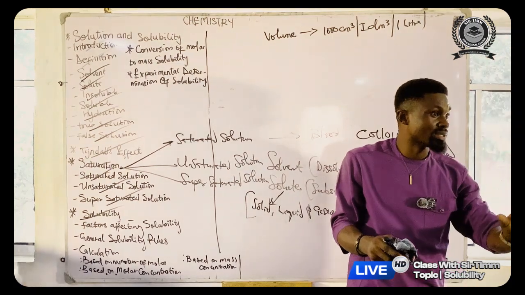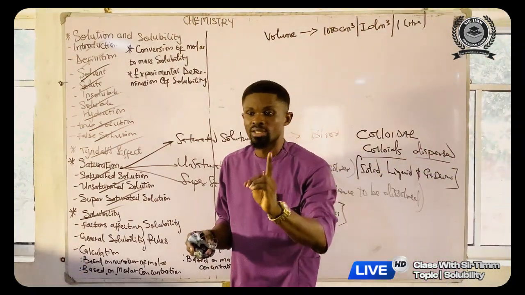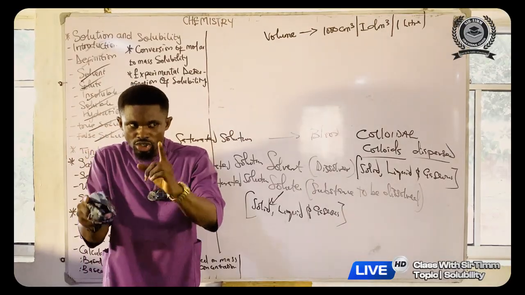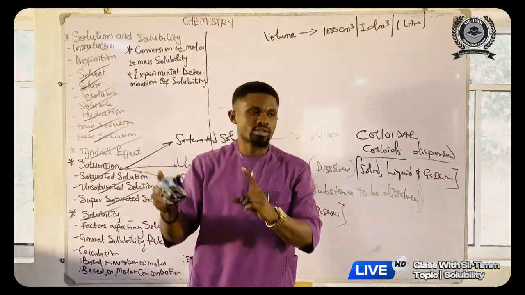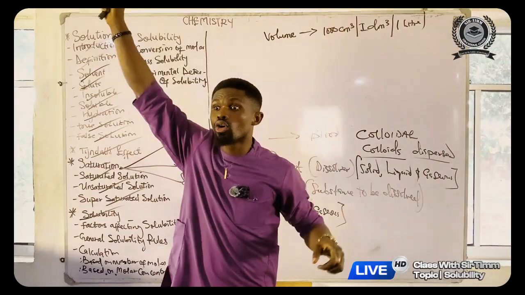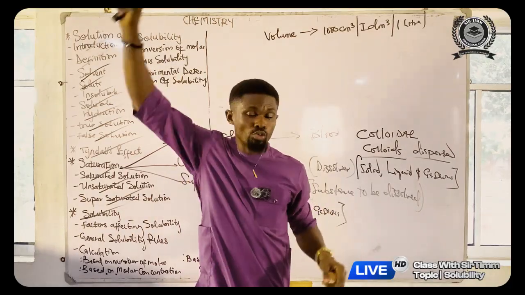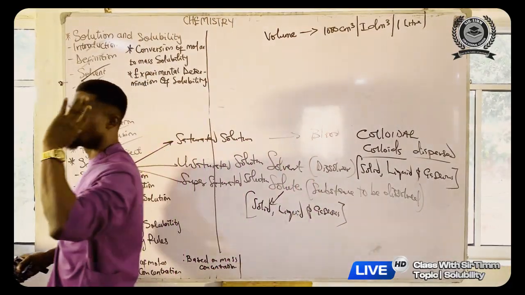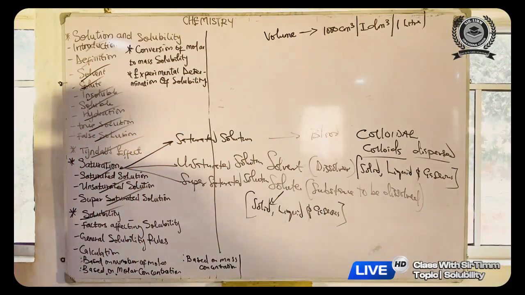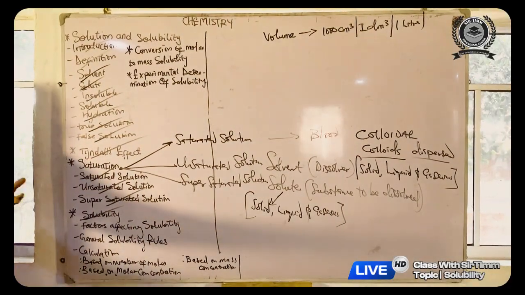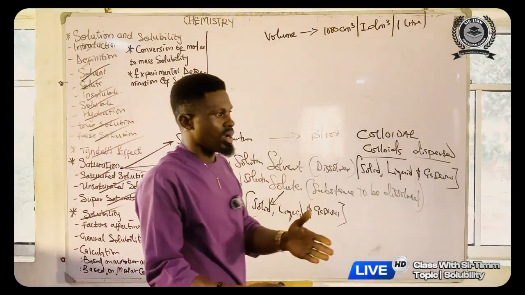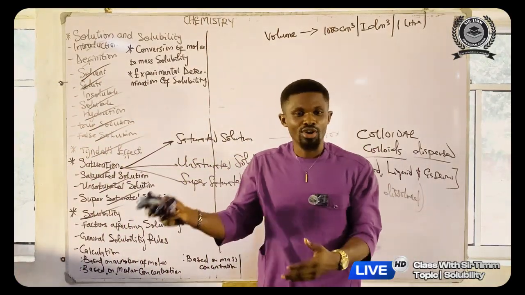Am I communicating? That's why the increase in temperature for liquids is going to have a variable effect. But for solids, generally, once you have an increase in temperature, it will affect solubility. So what about a decrease? Of course, the same thing, depending on the miscibility of the liquid.